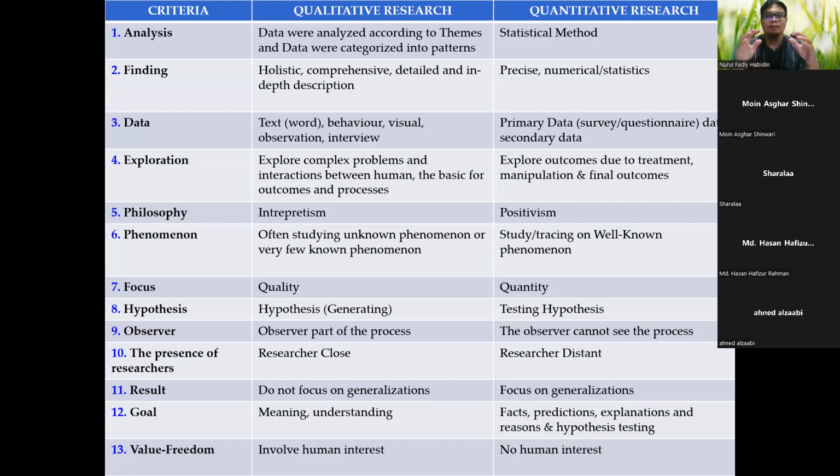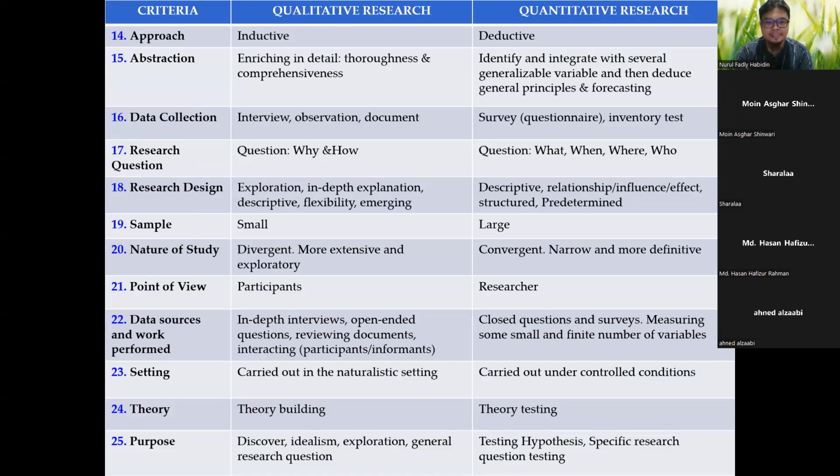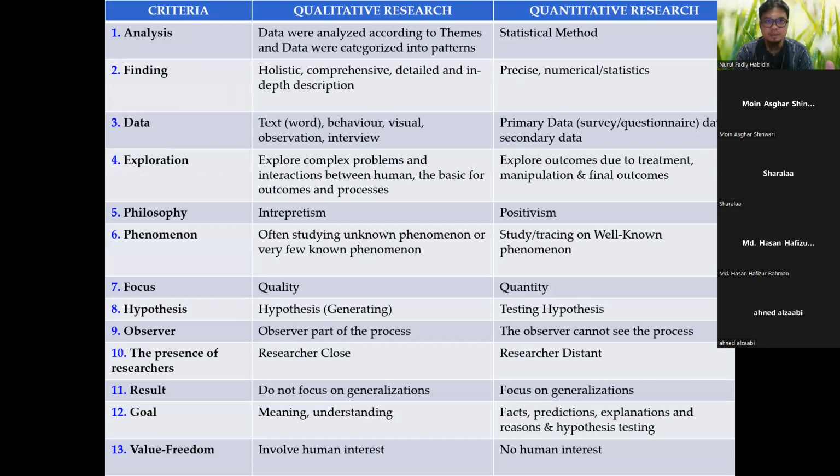Because if you are clear on these 25, then you know in methodology what elements and components are really important. So we discuss a lot. Analysis, finding, because I sort by A to Z. That's why we start with analyze. It's not synchronized, but I try to cite A, B, C to Z.